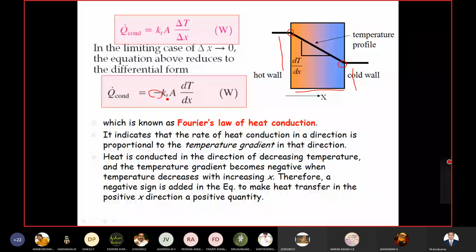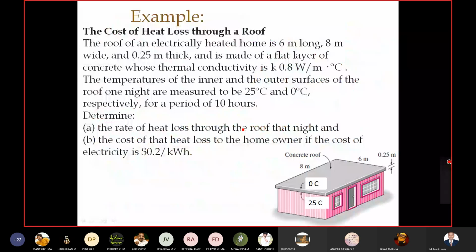Then this is a problem with heat conduction. We have to calculate the cost of heat loss through a roof. Let me read out the problem. The roof of an electrically heated home is 6 meter long, 8 meter wide and 0.25 meter thick, and is made of a flat layer of concrete whose thermal conductivity is 0.8 watts per meter Kelvin or degree Celsius.